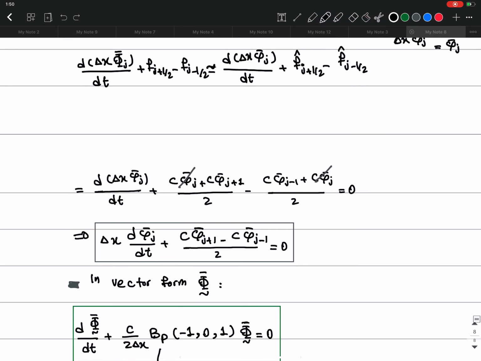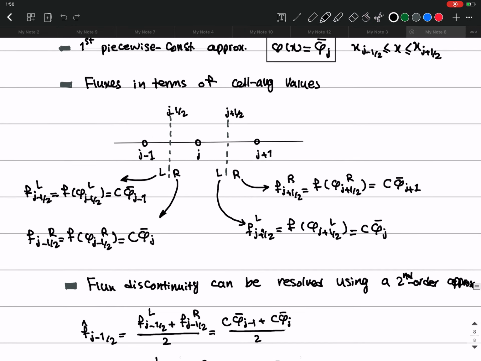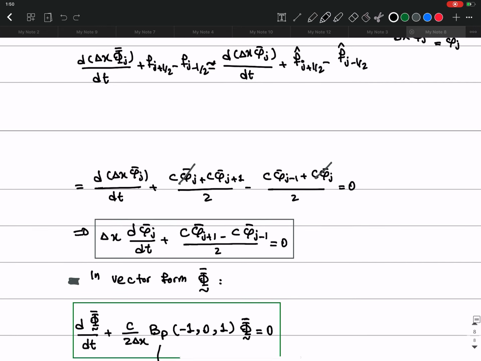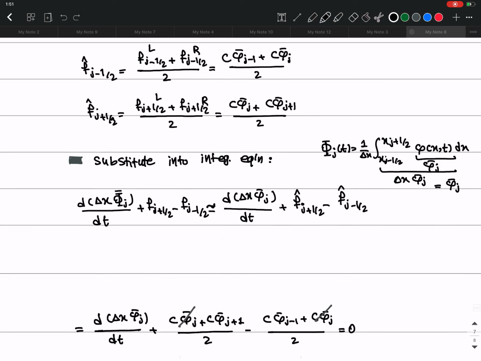So you will find these phi bars after solving this system. Okay. And you can even have some estimations for the fluxes at the boundaries, right? Because these are also shown with a second order approximation. You can say these are the fluxes at the boundaries once you find the cell average values.